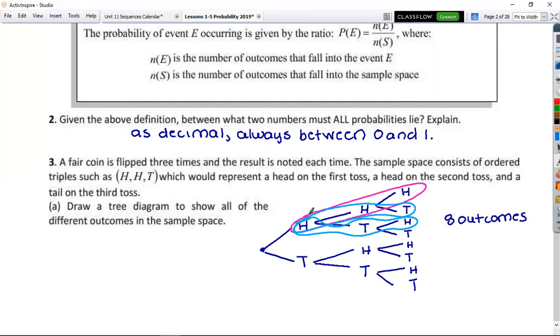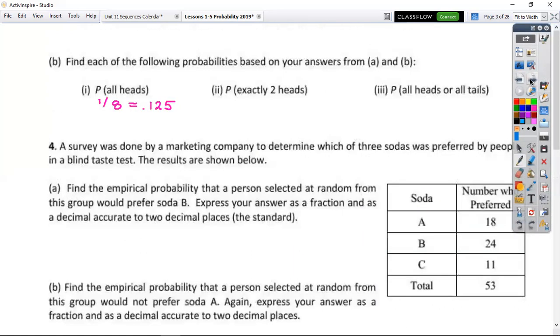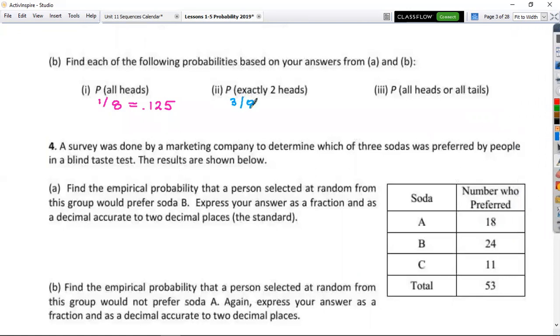I see 3. Is that it? Yes, it is. So 3 out of 8 is my next answer. And 3 out of 8 is equal to what as a decimal? 0.375.